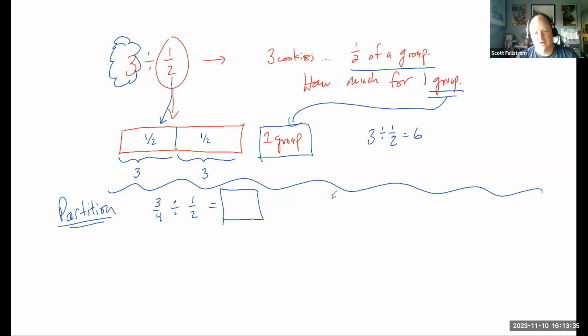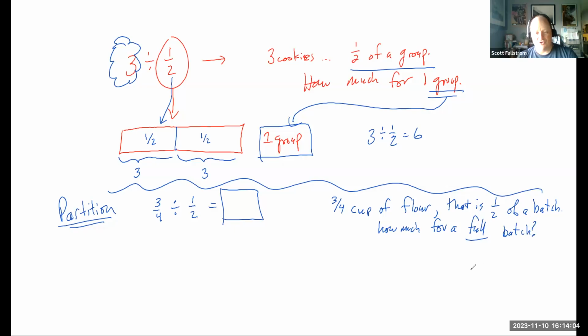So you have 3/4 cup of flour, and someone says, hey, that is half of a batch, right? So that's how much you would need to do half of a batch. My question to you is, how much for a full batch, for one batch?